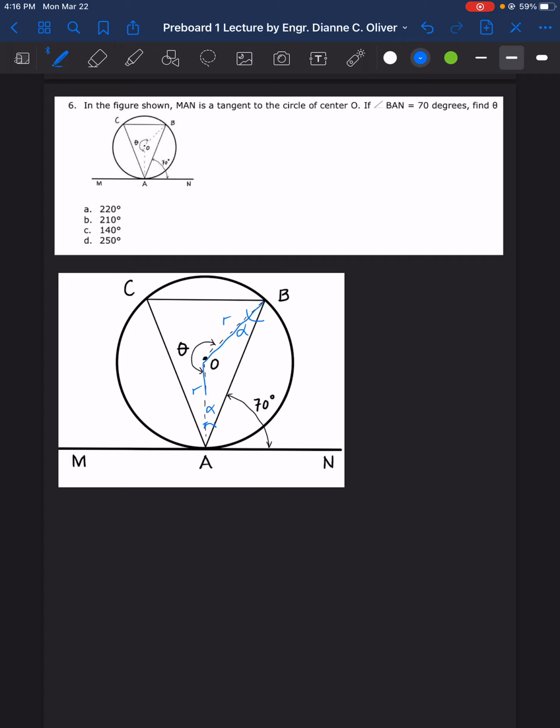So for this triangle, the angles alpha are equal. If we look at this again, this line here and the line for MAN are actually at 90 degrees. It's perpendicular.